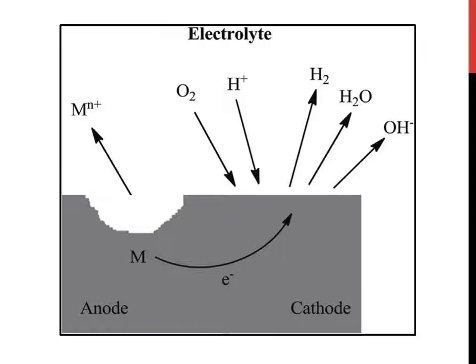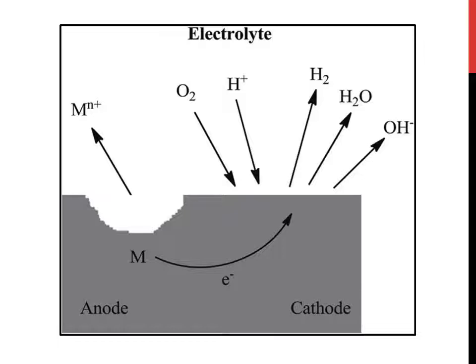So, we can observe the formation of M^n+ with the liberation of n electrons, and the liberated electrons will migrate towards the cathodic area. The galvanic electrochemical cell is formed on the surface of the metal, and various reactions are possible depending on various environmental factors.